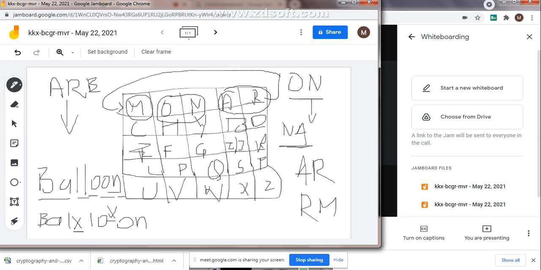So R will be replaced with the first letter in that particular row, that is nothing but M. So AR is replaced as RM. Clear, guys? This is the technique used in the Playfair cipher.